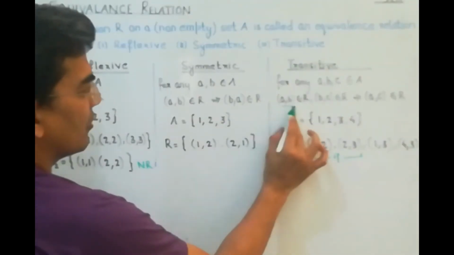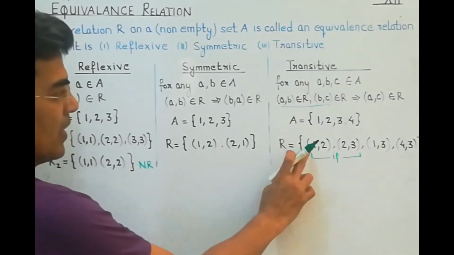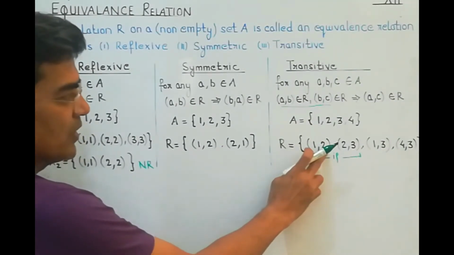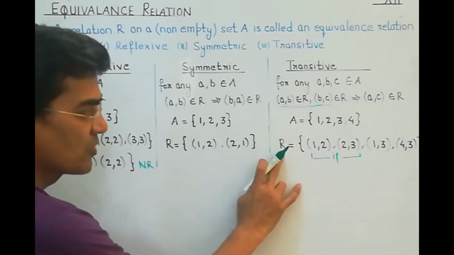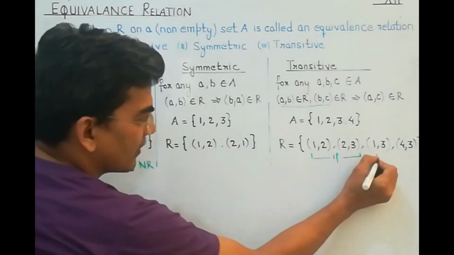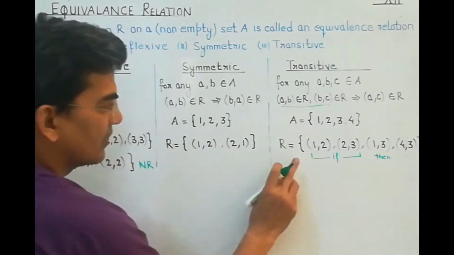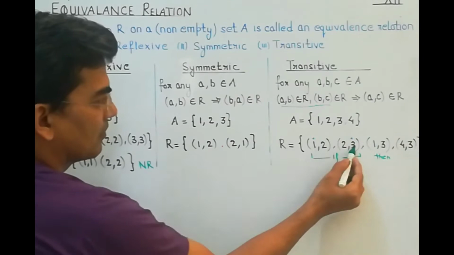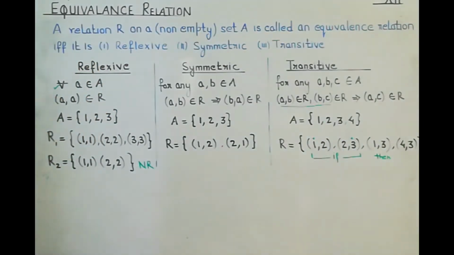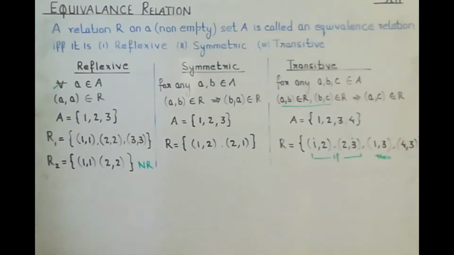This one is your if: (1, 2) belongs to the relation, then (2, 3) belongs to the relation. Then, this is your then: (1, 3) must be present there.